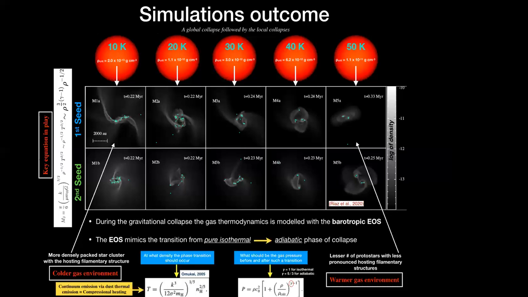And when we assign these temperatures, we follow the CMB, and for each specific temperature, how can we estimate at what value of density the transition from isothermal to adiabatic occurs? We follow this equation from Omukai 2005, which followed the continuum emission via dust thermal emission and the compressional heating.